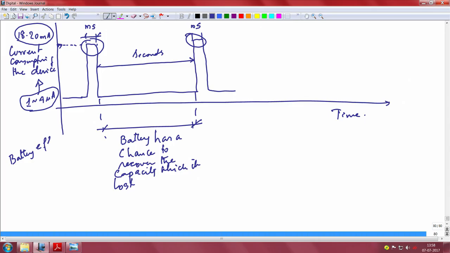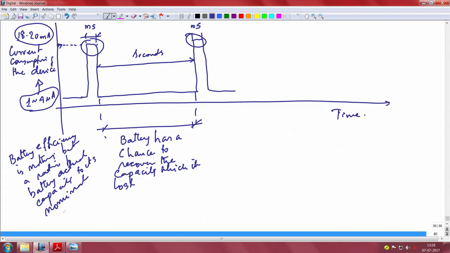Battery efficiency is nothing but a ratio of the battery's actual capacity to its nominal capacity. Right, so this is the definition. I have just defined it in a simple way.